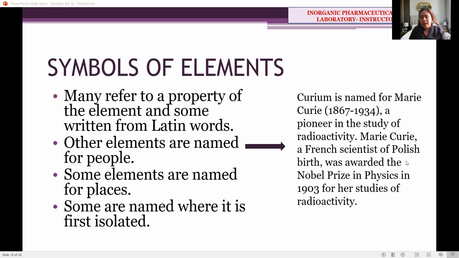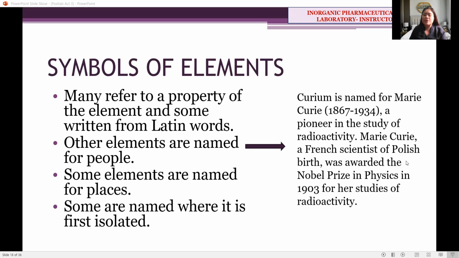It was actually named after Marie Curie, di ba? She was a scientist, and her study focused more on radioactivity. So again, she was a scientist. She was actually awarded a Nobel Prize in Physics in 1903 for her study in radioactivity. Thus again, we have one element named after her, that's curium.